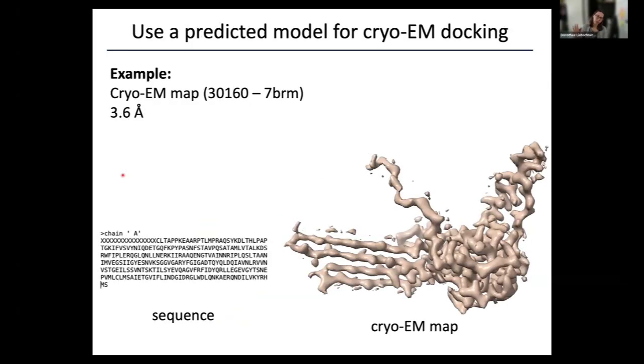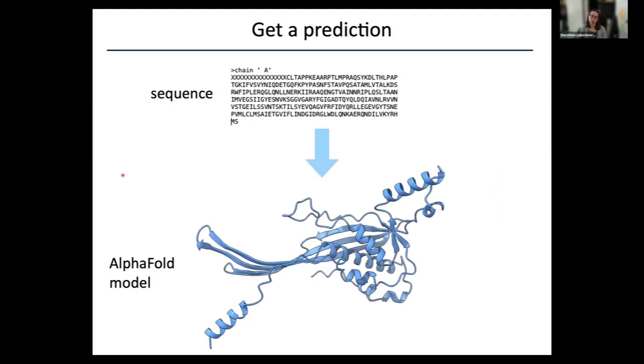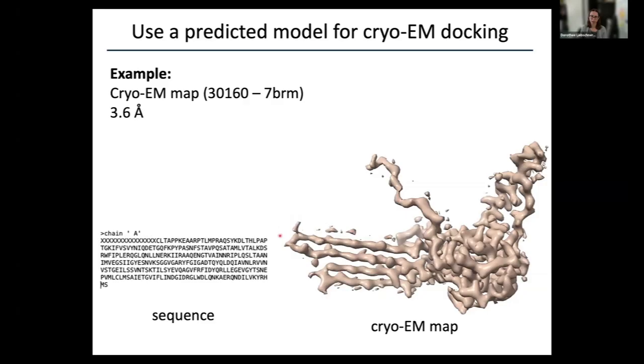Well, maybe I don't have the right orientation. I think in these pictures I don't have the same orientation. So see, here is this beta sheet. If we go back here, it's a little bit rotated back. Maybe I should have shown the map in a different orientation. So maybe that was a bit misleading.